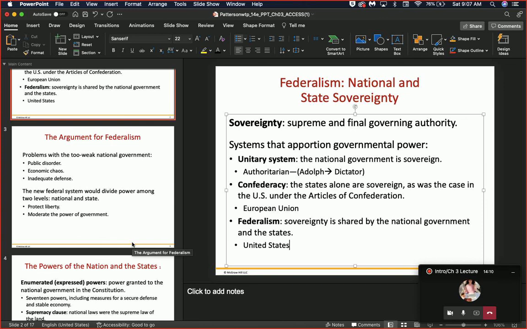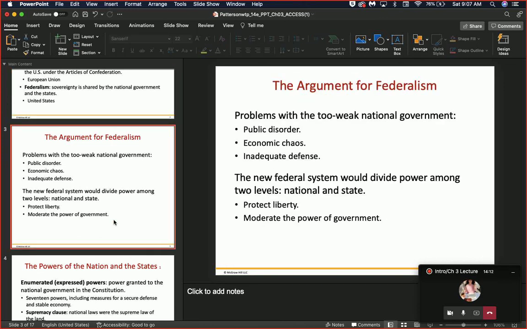Okay, so it's changed a lot over time on how we have separated the powers between the national level and the state level. So the argument for federalism: why did they put it in? Under the Articles of Confederation, the government was too weak. It could not create a military. They didn't have a central currency, meaning that each state had its own currency.